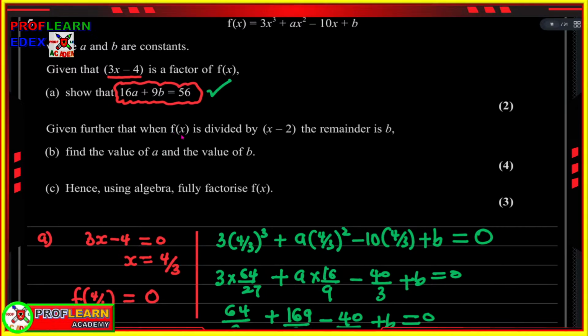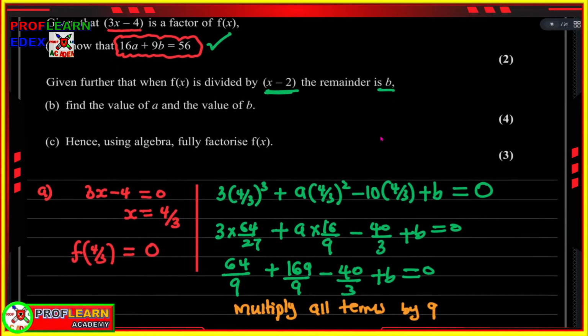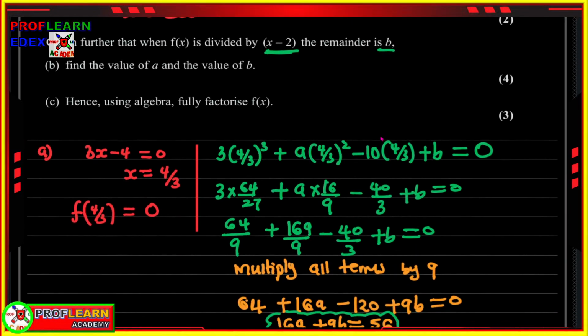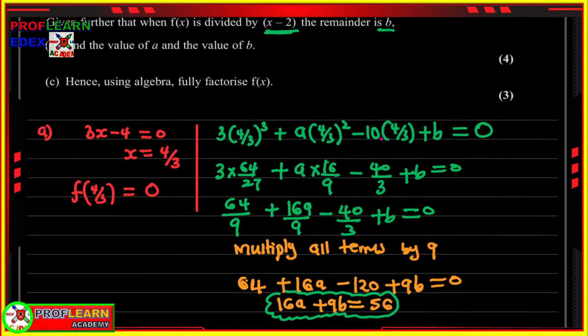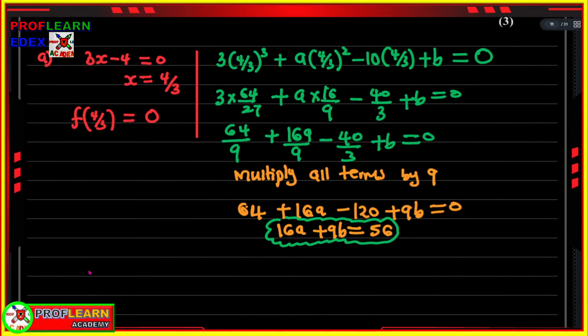It's given further that when f of x is divided by x minus 2, the remainder is b. So we are also going to equate x minus 2 to 0, then it means that x is equal to 2.